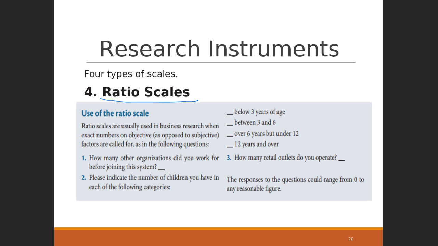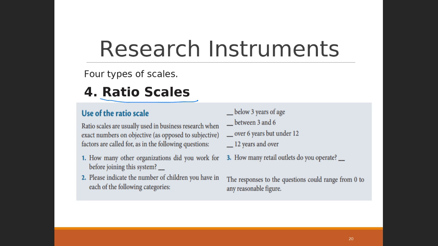But ratio scales never fall below zero. Ratio scales have a true zero or absolute 0 point, which is a meaningful measurement characteristic as well. So a ratio scale doesn't have a negative value, unlike an interval scale, because of the absolute zero.